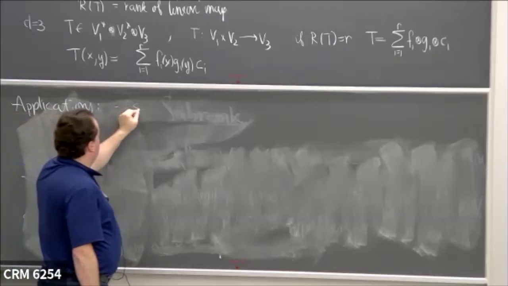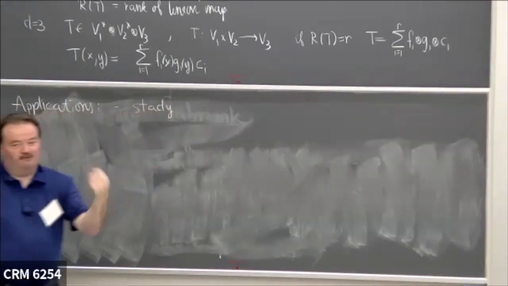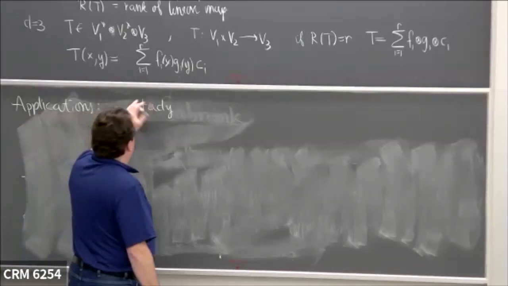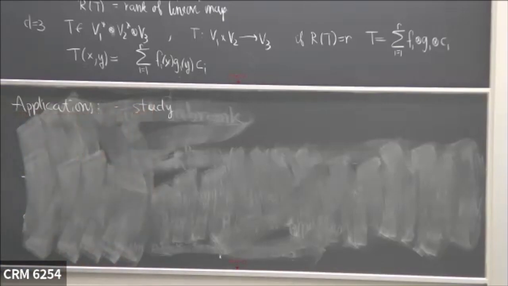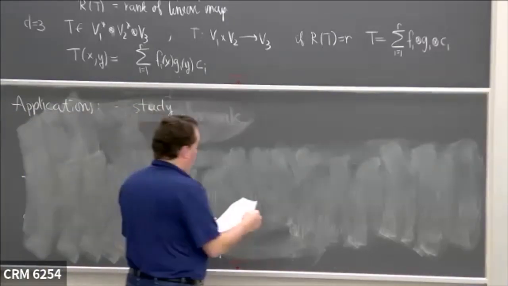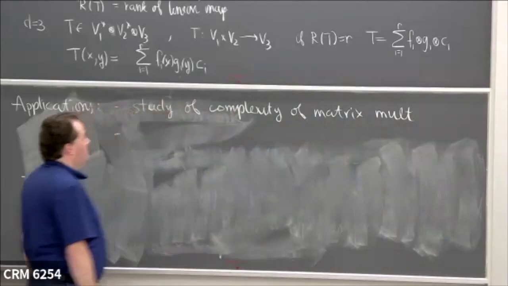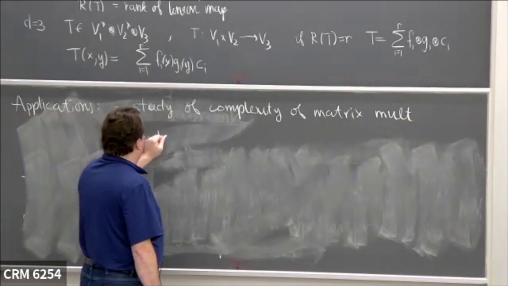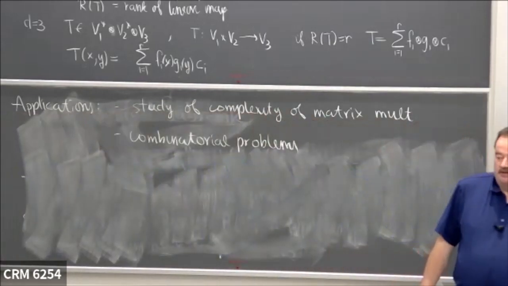It has been studied by people studying the complexity of matrix multiplication, and this notion certainly goes back to Strassen and others who were studying this in the early days. And then there are many combinatorial problems that can be translated to problems about tensors.